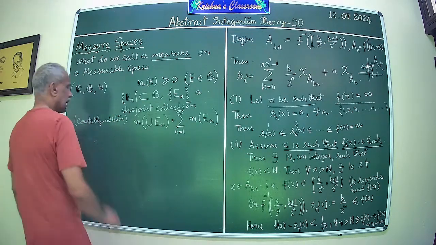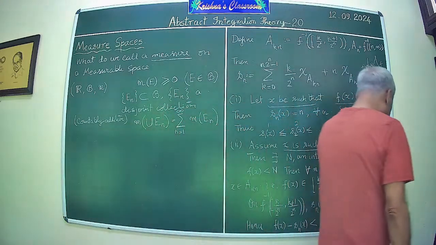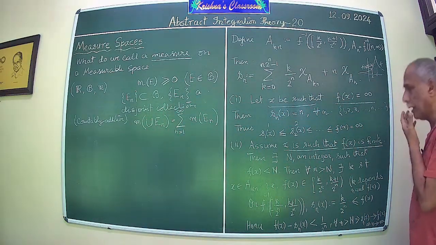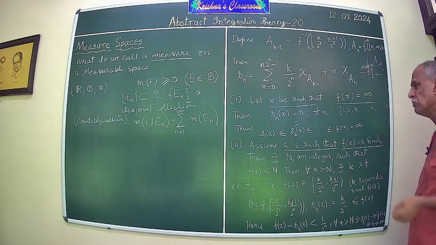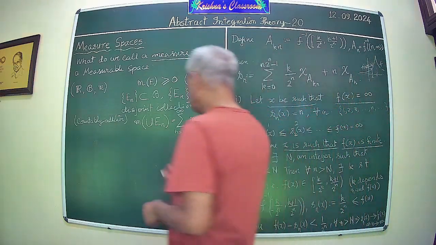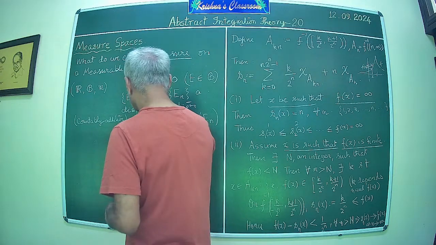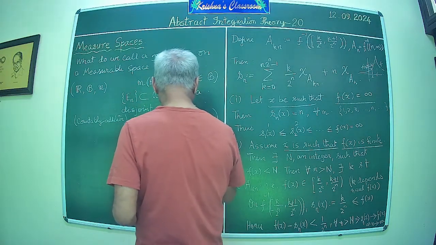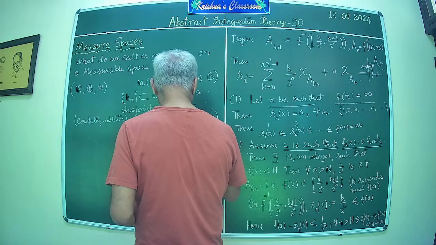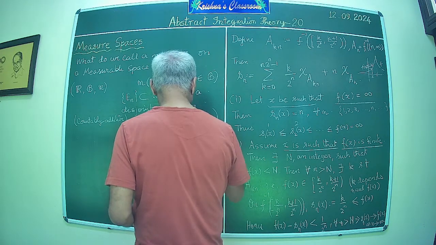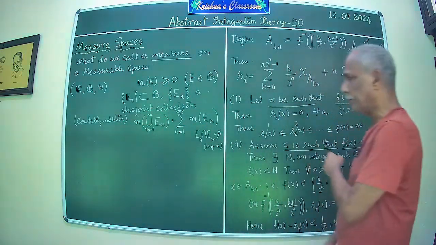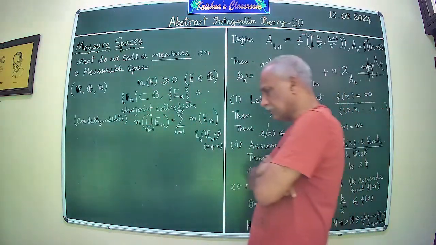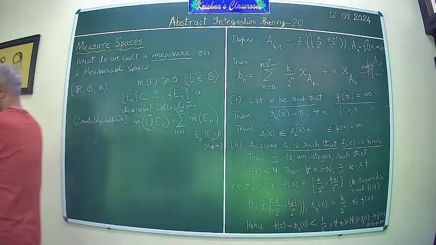We had some more extra conditions here. So our Lebesgue measure was an extension of the concept of length for an interval.